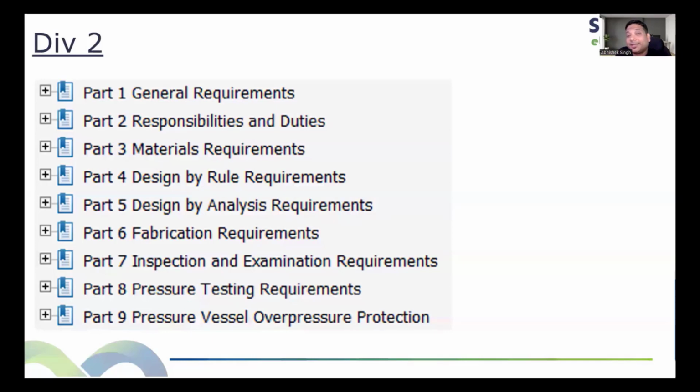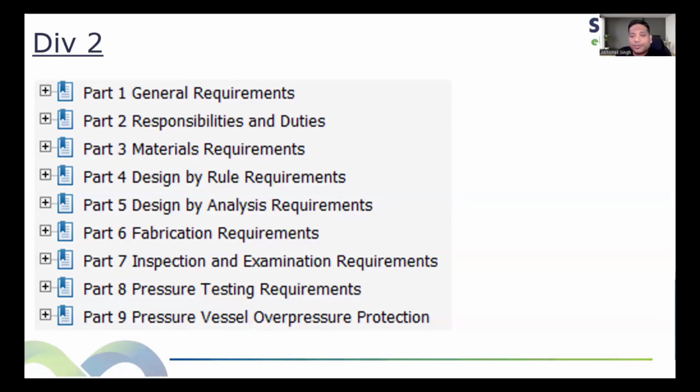The general requirements in Division 1 are very large. It's UG, which covers most of it. It covers design, material, even fabrication, tolerances, inspection, everything. But here the general requirements are very small. It is just related to what kind of document, and Class 1, Class 2 definitions.